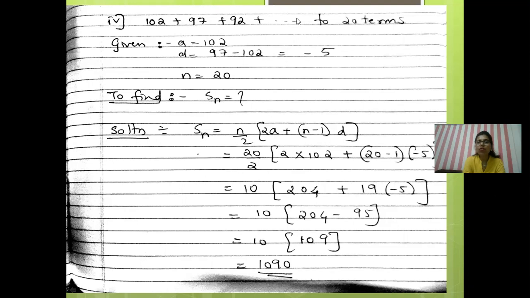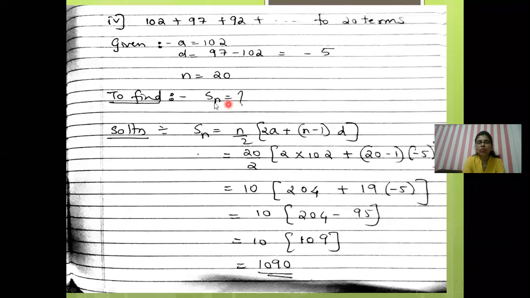So once you have all the values, now you can use this value to substitute in this formula, n upon 2 (2a plus (n minus 1)d). So substitute it. a value is 102, n is 20, minus 1, d is minus 5. So substitute that over here.